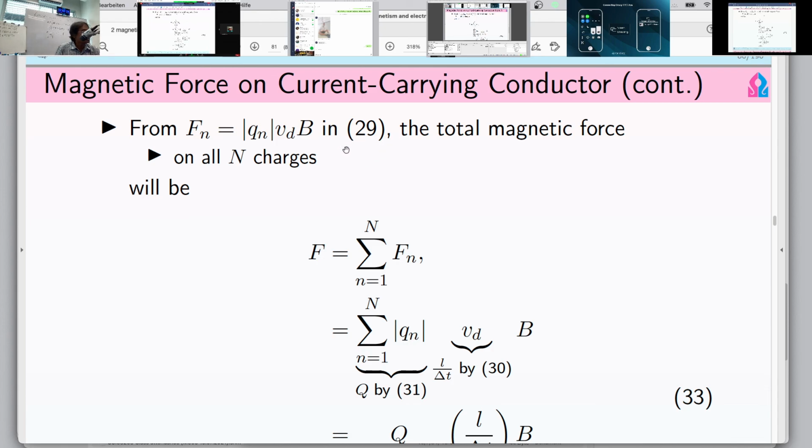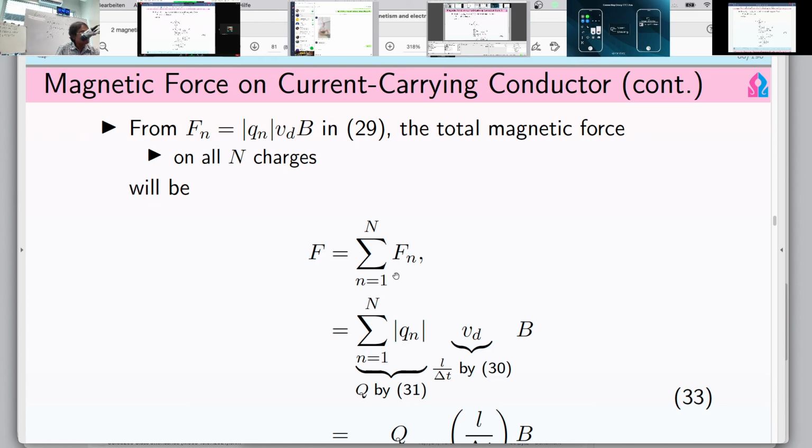And the total force is the summation of all forces that happen to each particle, right?